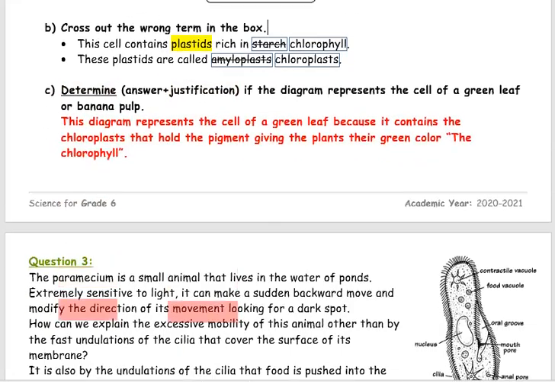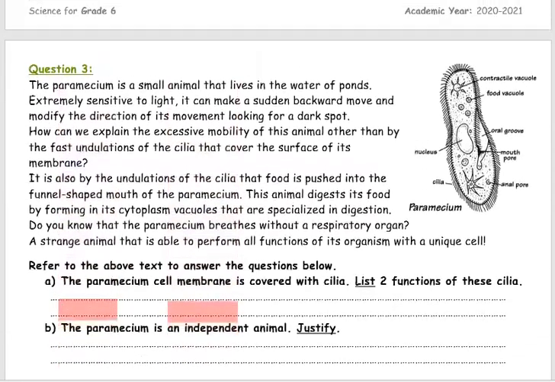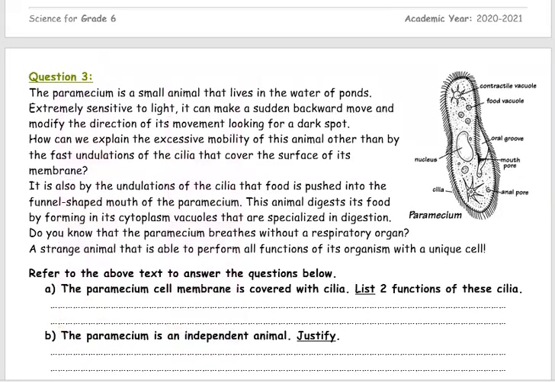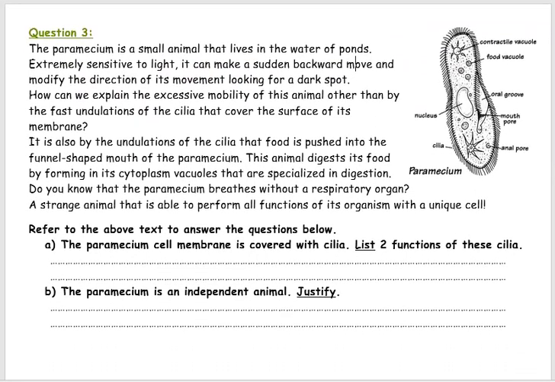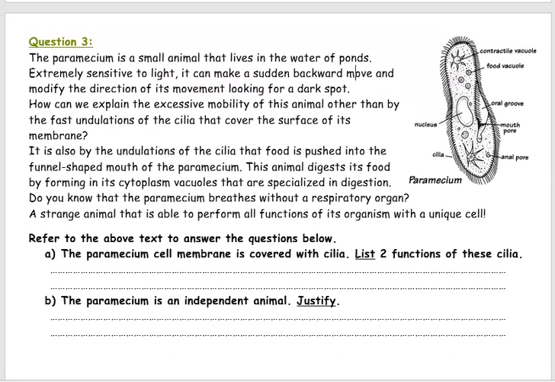Let's talk about now, this is the last question, talking about the paramecium. Okay, take your time to read the text. I will start immediately with the questions, and we have to refer to the text to get the answers, okay? And I will be showing you the answers in the text.